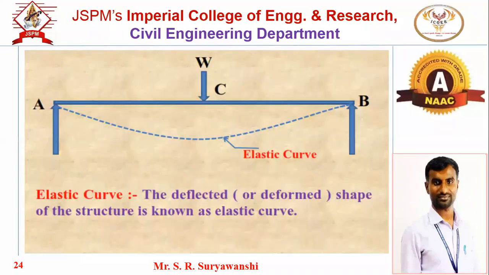Now the elastic curve that we have discussed is the deflected shape of a structure, or we can say the deformed shape of the beam. Due to the external loading condition, this is the deflected shape. This is nothing but the elastic curve.